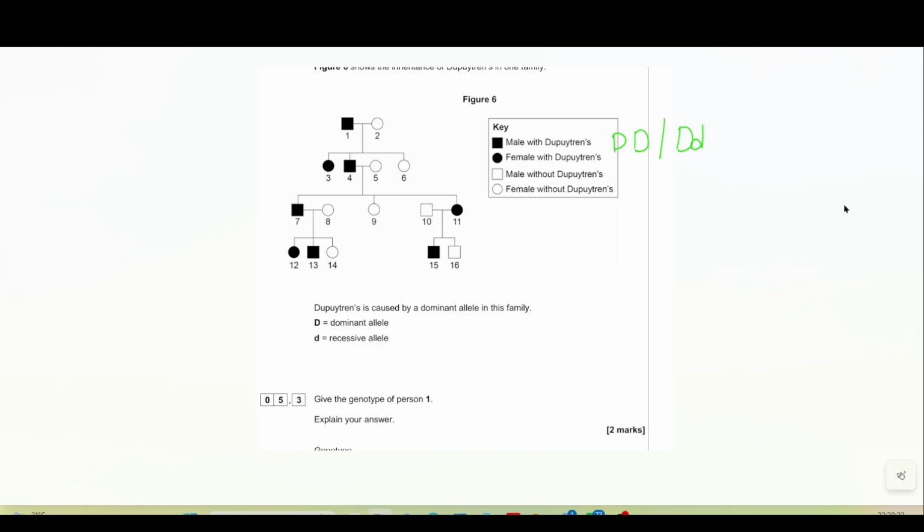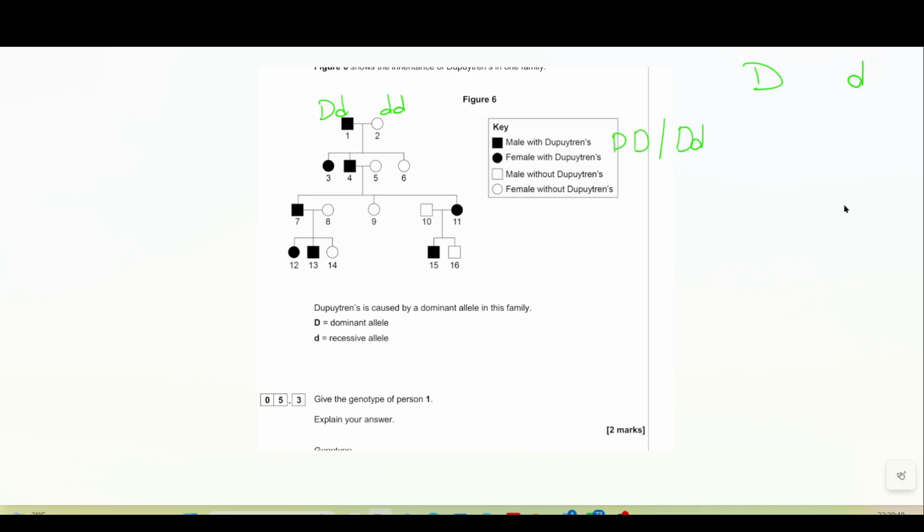To decide, let's understand through the offspring. If I take it as capital D and small d, the other one is small d, small d because it is unaffected. Capital D means affected and small d means unaffected.